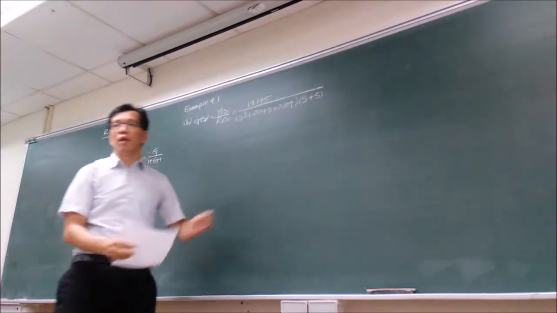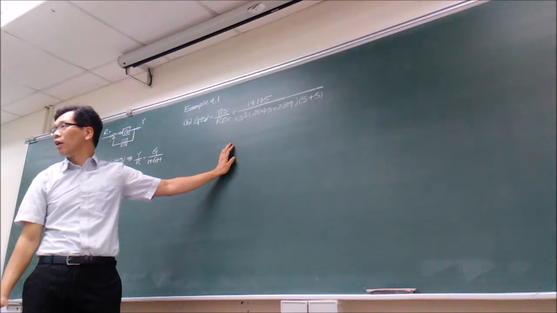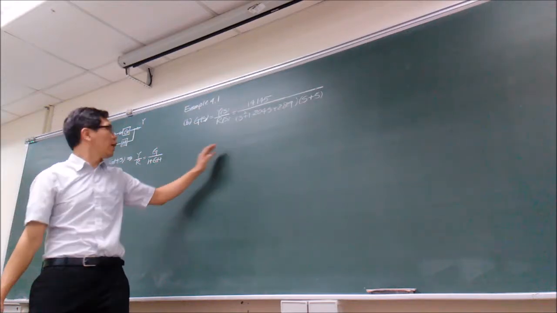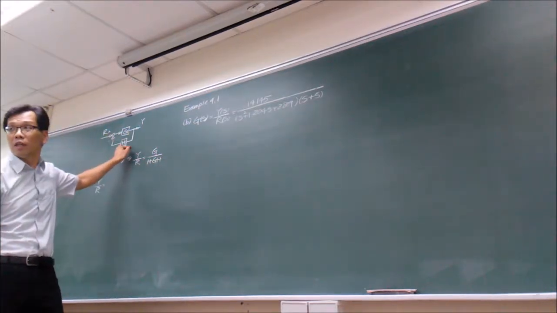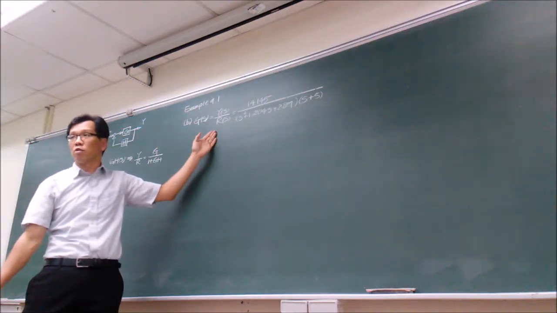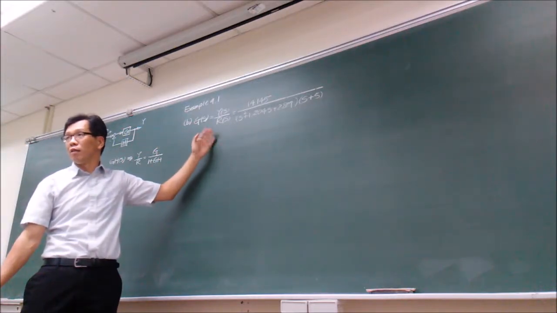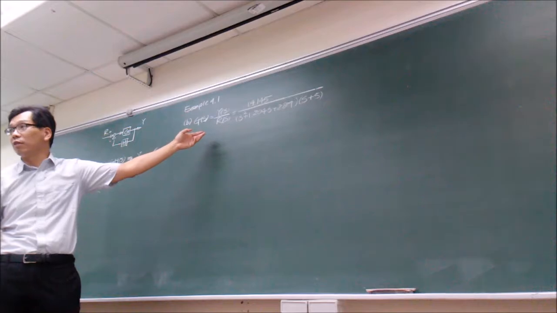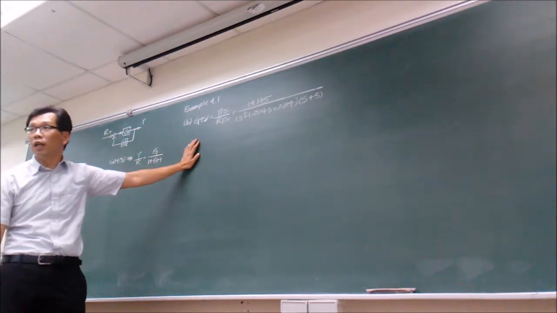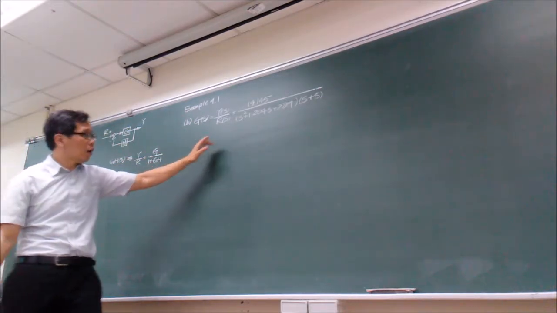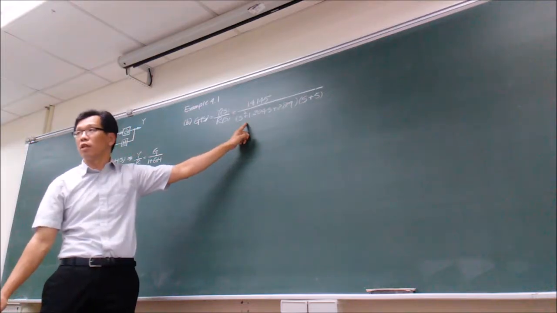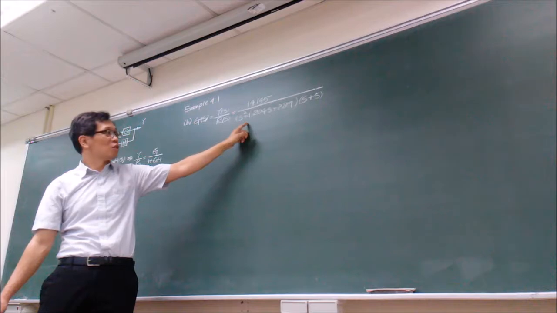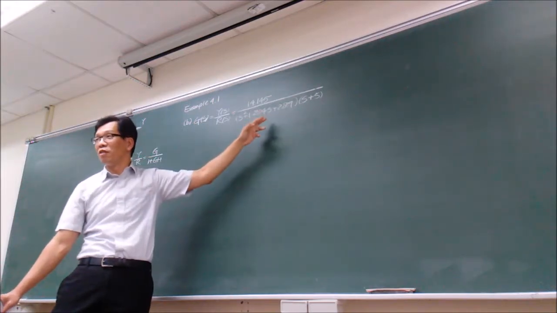In order to analyze the transient response of this, do I need to find out the closed loop transfer function again? Or is this one a closed loop transfer function already? This is already a closed loop transfer function. But over here, what is the order? Is that first order or second order? This is third order. Okay?